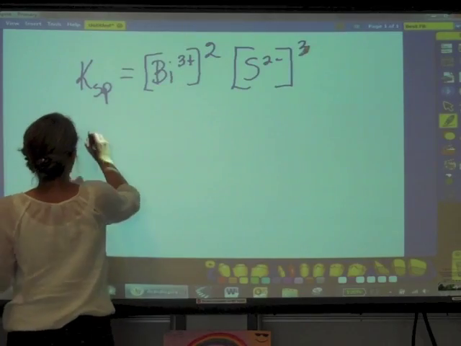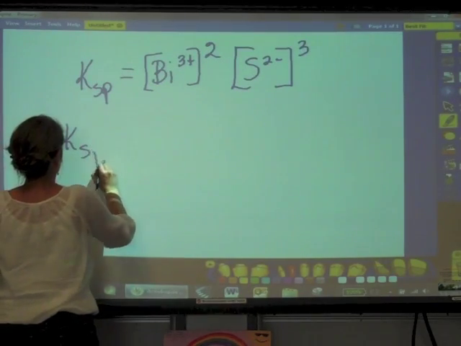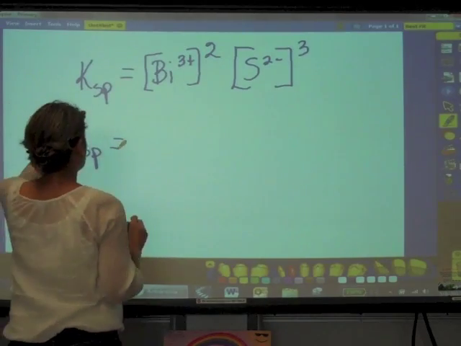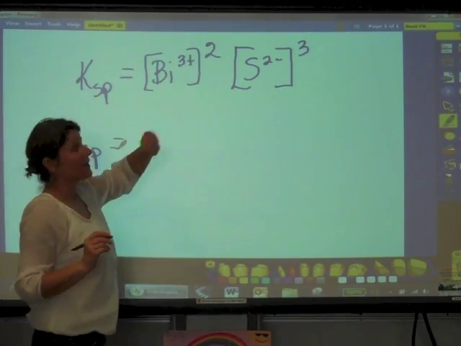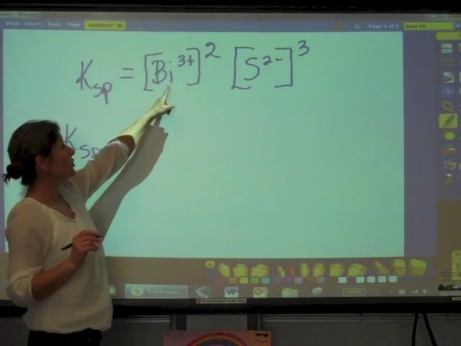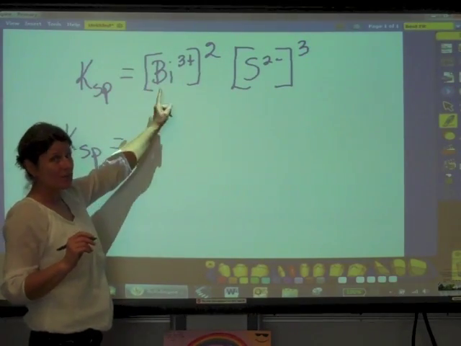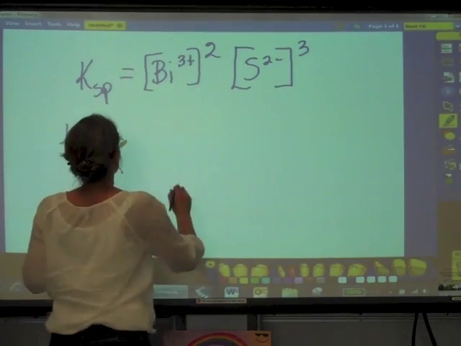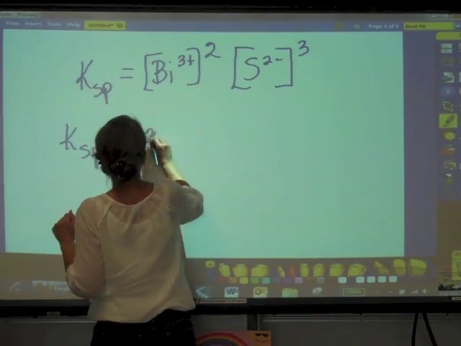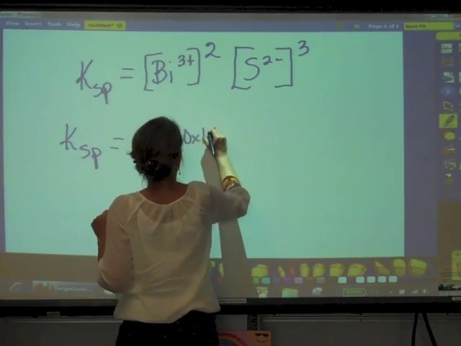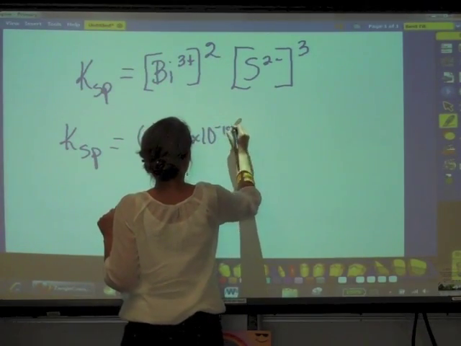So essentially, you guys, then we've got Ksp equal to, from our ICE diagram, what was that? That was 2x. So it's going to be 2 times 1.0 times 10 to the minus 15.